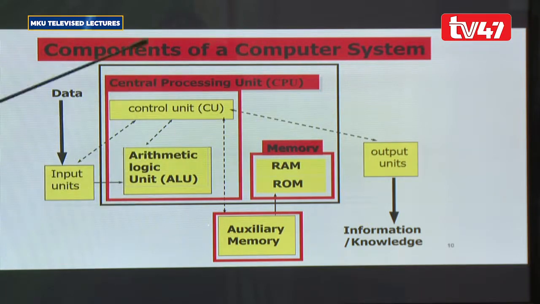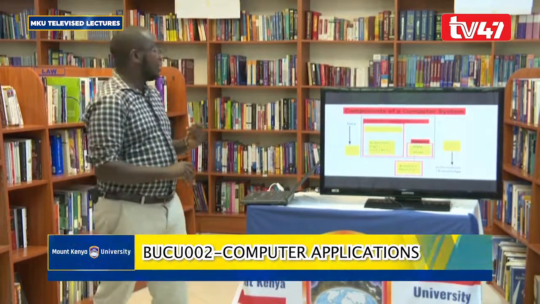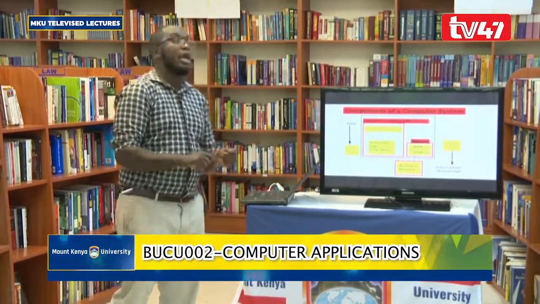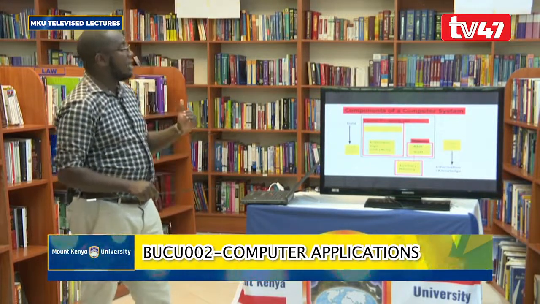So what are these output units? We're talking about monitors, speakers. Let's give an example. You're using a microphone to talk. You're going to talk via the microphone, and the information will be processed, and then the output unit will be the speakers.